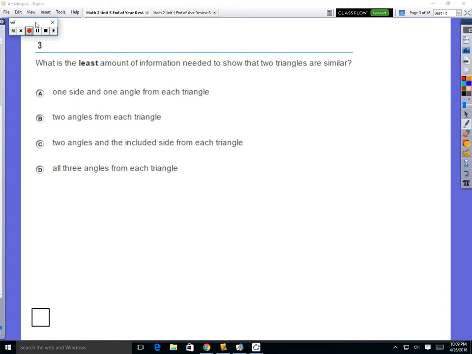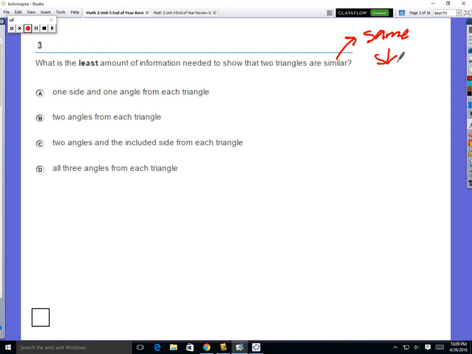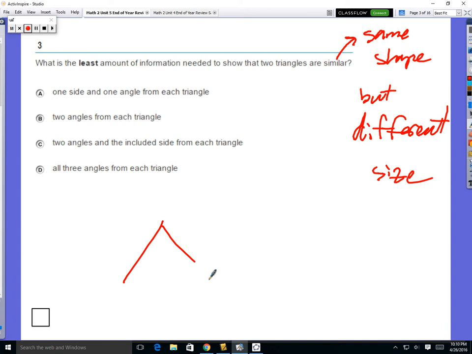Okay, number 3. What is the least amount of info that you need to show that two triangles are similar? Similar means the same shape but different size. So triangles, let's say you've got an equilateral.